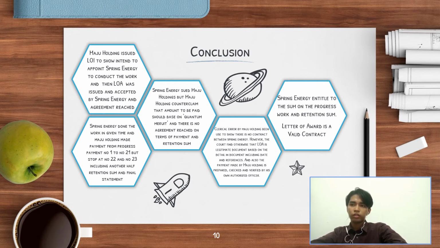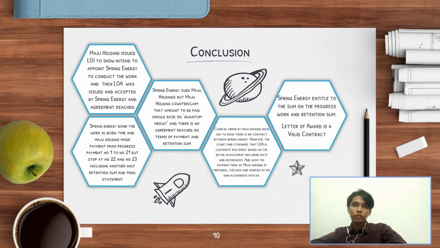the date on the letter of award that was issued had a clerical error by Maju Holdings Sdn Bhd itself, because the content of the letter of award contains the date, the reference and all the scope of work. The court found the letter of intent mentioned by Maju Holdings was intended to become the letter of award.